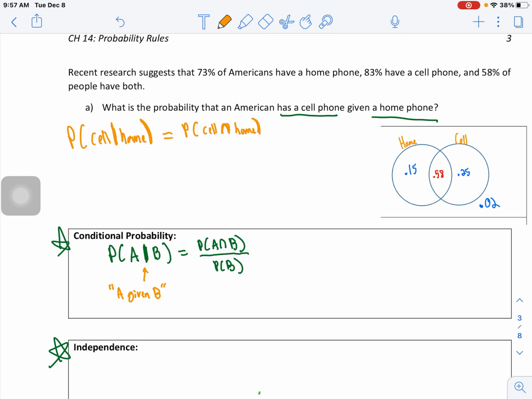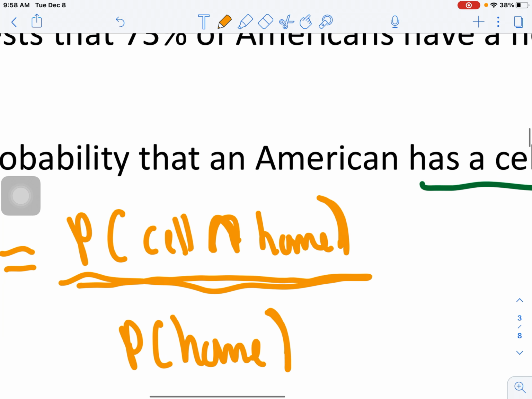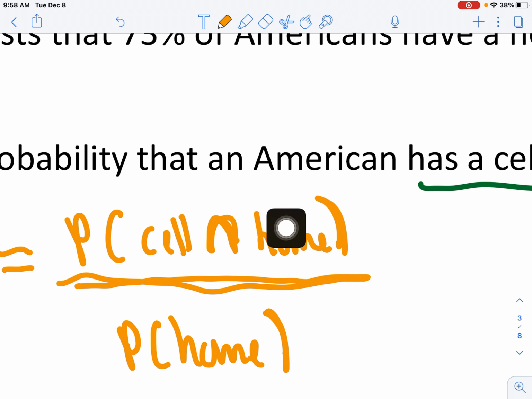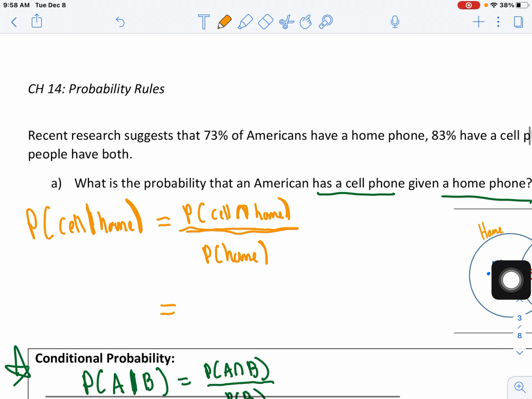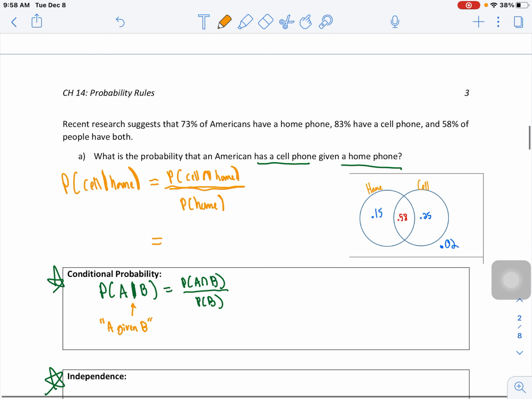And since our given was that they have a home phone, we're going to divide by the probability of having a home phone. Okay. And these two probabilities I can just get from our picture, right? This top piece, the intersection of a cell phone and a home phone, that's where they both occur. It's 0.58.